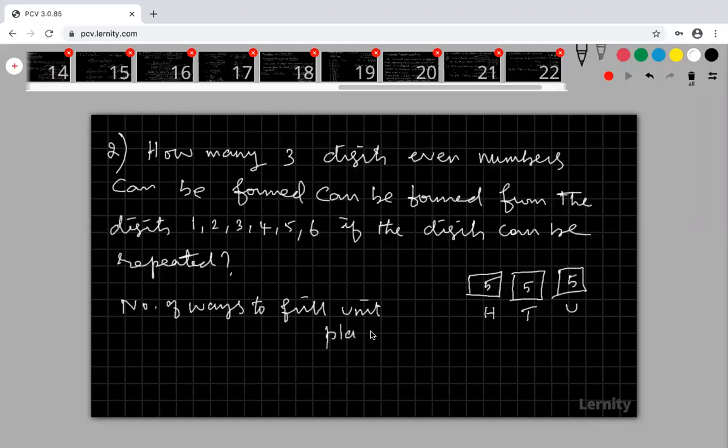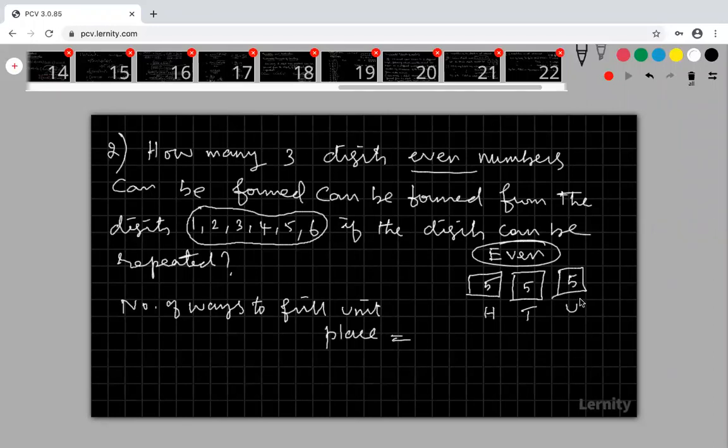How many digits are given? Those who are not understanding, please answer my question. How many digits are given? 1, 2, 3, 4, 5, 6 are given. But this number should be an even number. The 3-digit number should be an even number. How many 3-digit even numbers can be formed?